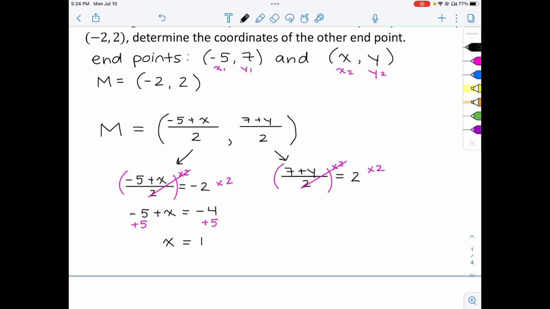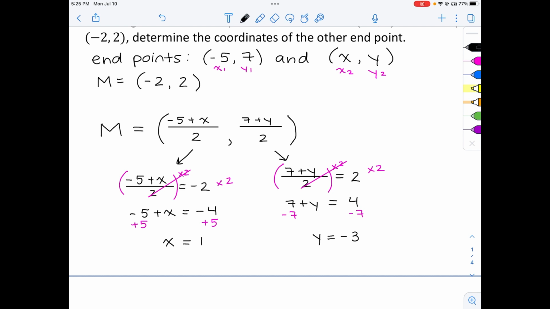So then you will have 7 plus y is equal to 2 times 2, which is 4. We want to isolate for y, so we're doing the opposite of 7. Even though there's nothing written in front of the 7, it's a positive, so to get rid of it, we're going to subtract 7 on this side as well. And we end up with y is equal to negative 3.